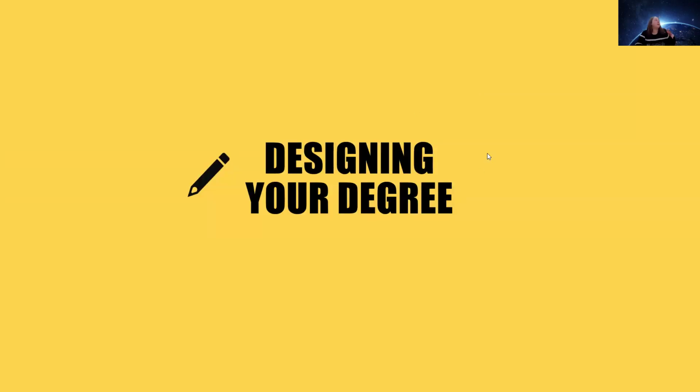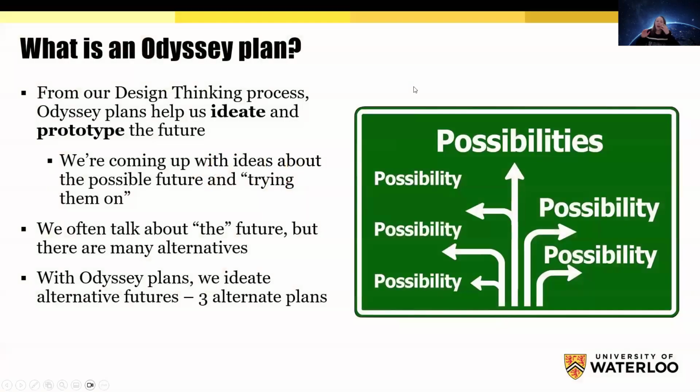Right. So now we talked about design thinking and how that works, and we've talked about finding your academic milestones for your degree. Now we're going to talk about the meat of what the title for this program is: designing your degree. How we are going to do that today is through something called Odyssey plans.